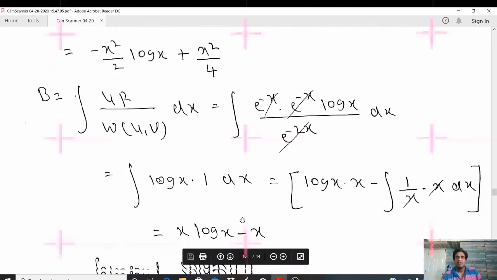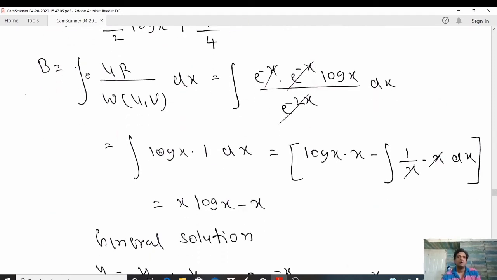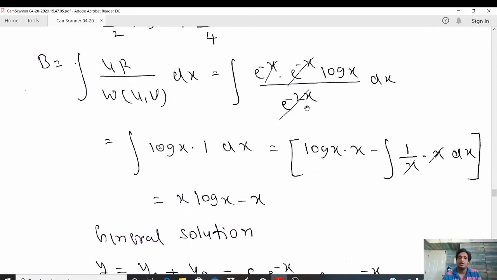Next, the b value. B is equal to integral of u r by Wronskian of u comma v dx. U is e power minus x, r is e power minus x log x, and the Wronskian of u comma v will be e power minus 2x. So here e power minus x times e power minus x becomes e power minus 2x. Both get cancelled and we are left with log x.